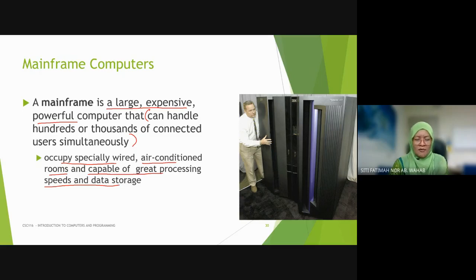And then we have retail industries, e-business, banking, stock exchange, ticket reservation in railway and airlines, credit card verification, insurance sector, telecommunication, and also finance sector. Okay, because it can handle hundreds or thousands of connected users simultaneously.